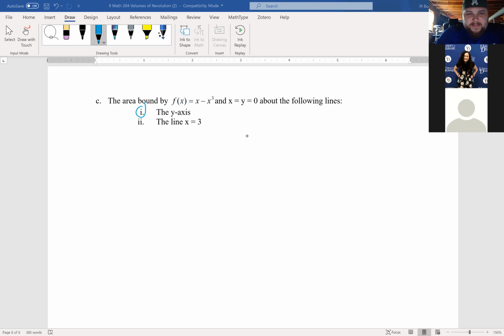So x minus x cubed. Off the top of my head, I don't know what that looks like, so I'm going to plot it quickly.